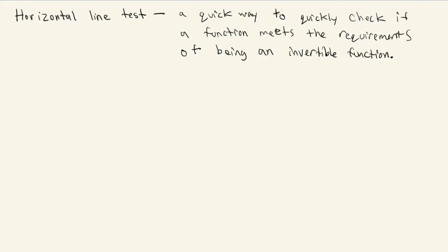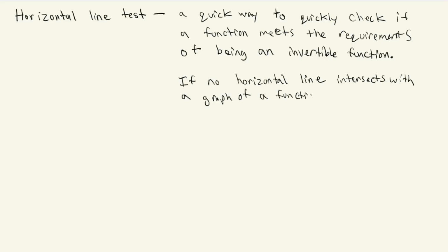How it works is if no horizontal line intersects the graph of a function more than once, the function is invertible.